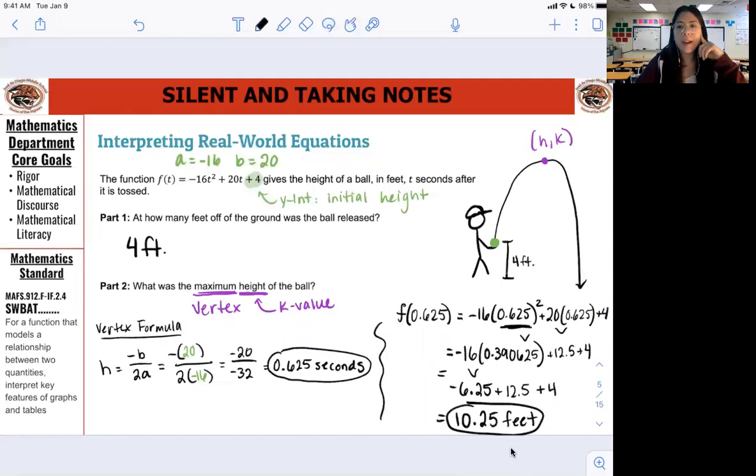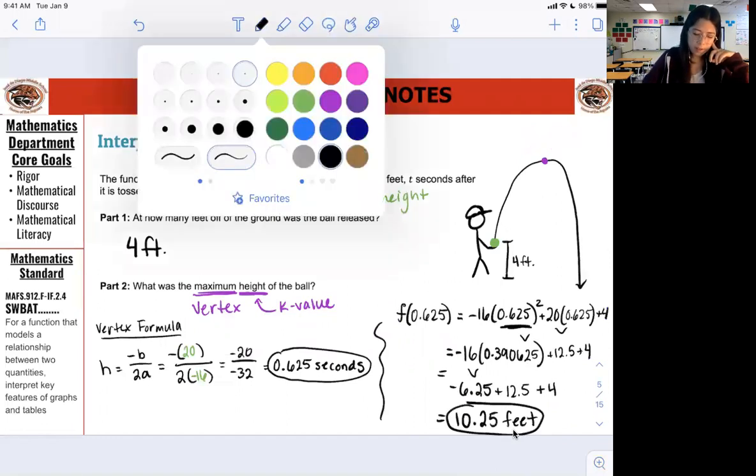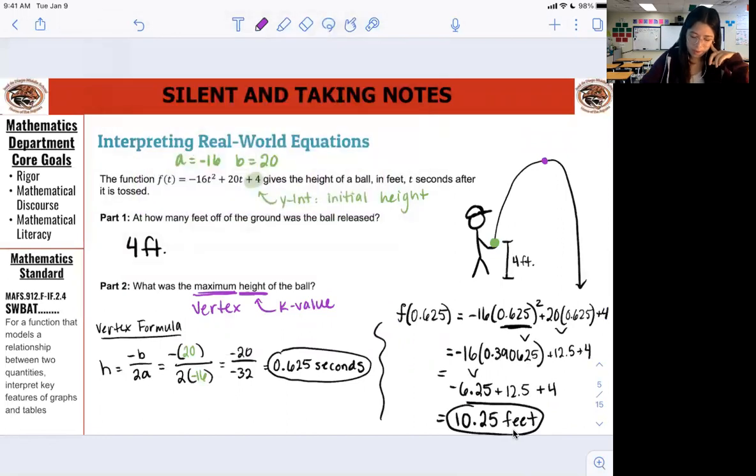So the maximum height of this ball is going to be 10.25 feet. So my vertex is 0.625, comma, 10.25. So it reaches a maximum height of 10.25, and how long does it take to get to the maximum height?